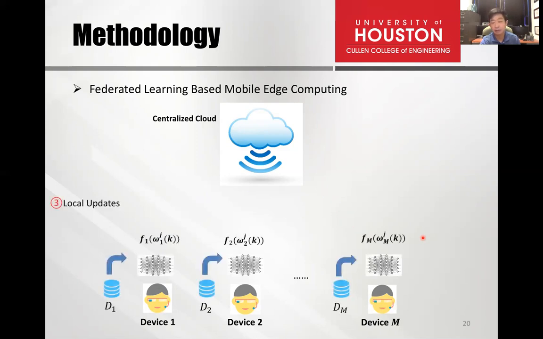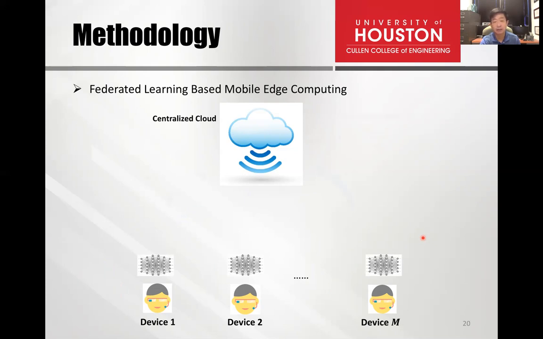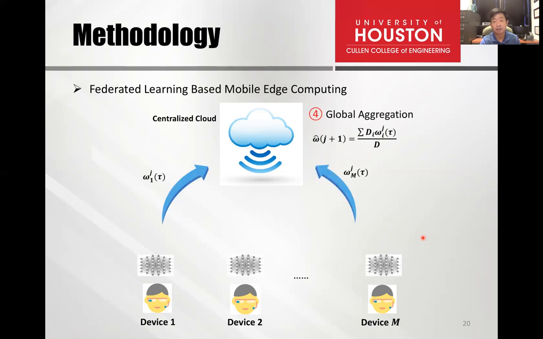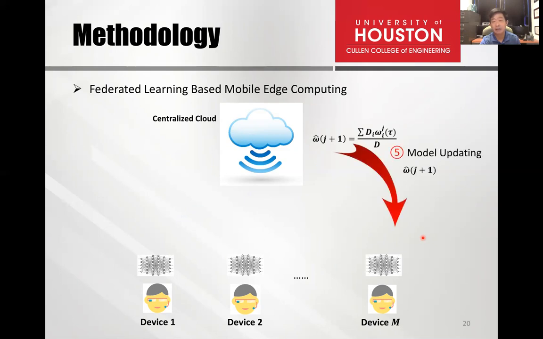For the local update, they do their own training and then report back for the global aggregation. After getting the overall updated model, the server sends it back to the devices. So this is the recap of federated learning, and we implemented it several years ago for this Toyota AR.